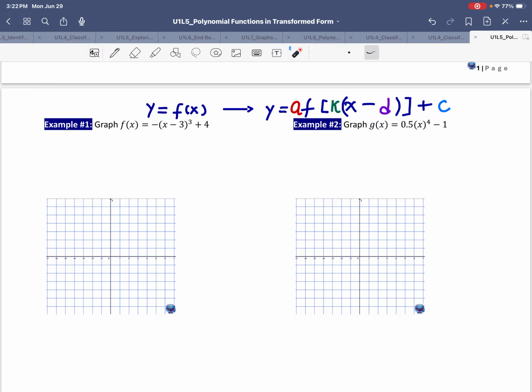In order to remember the order of transformations, we're going to say that first we have to apply the compressions or expansions that can be caused only by a and k. And for this, we're going to use the acronyms C and E. And next, we will apply the reflections. Now, remember that reflections will come from the sign of a or k becoming negative.